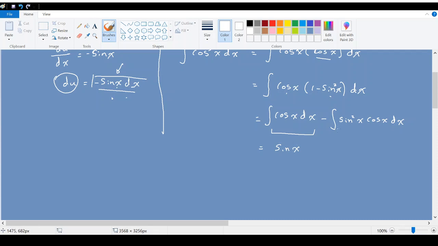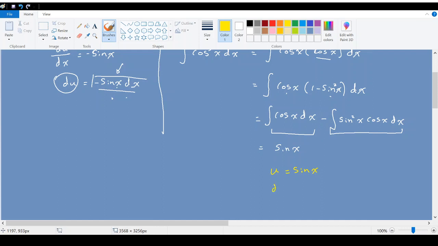And for this part, we have an integral with both sine x as well as cos x. So for this one, we will use the substitution of u equals sine x. Then it will have a very smooth flow.